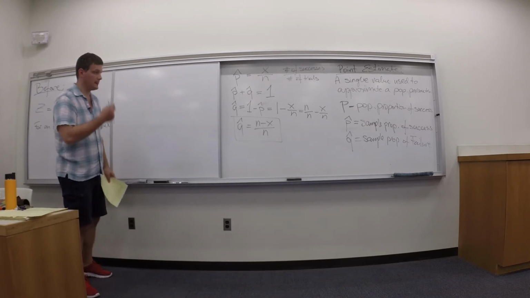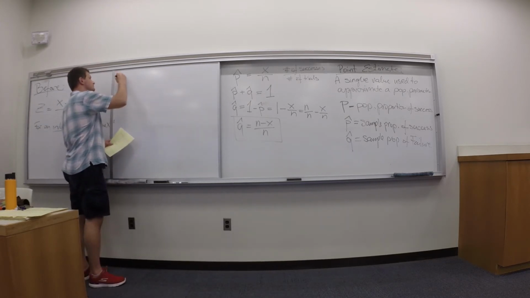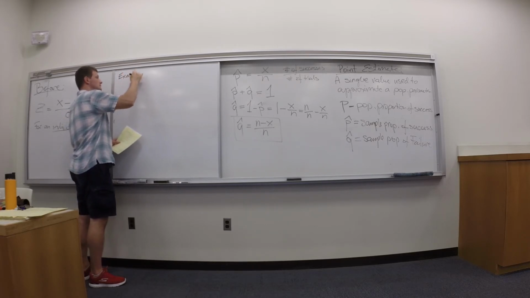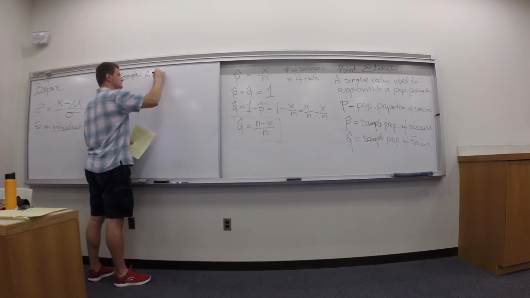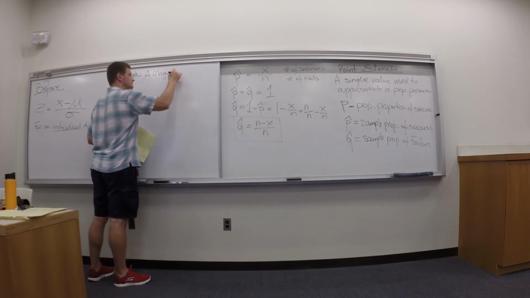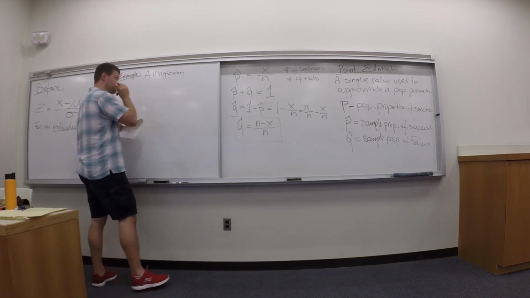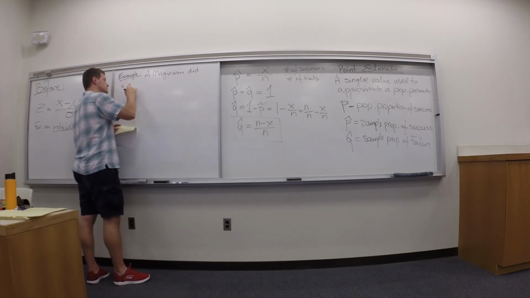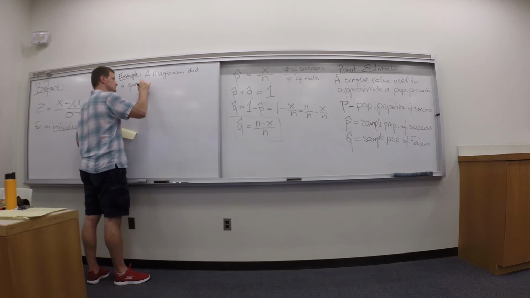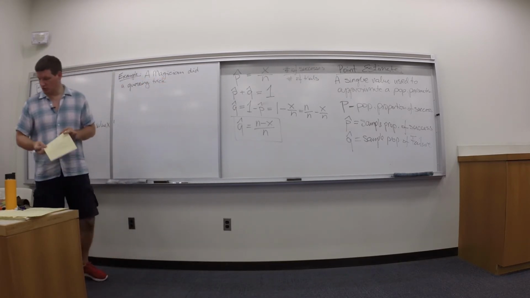All right, so let's talk about a magician. So, example, a magician did a guessing trick. And the guessing trick looks like the following.